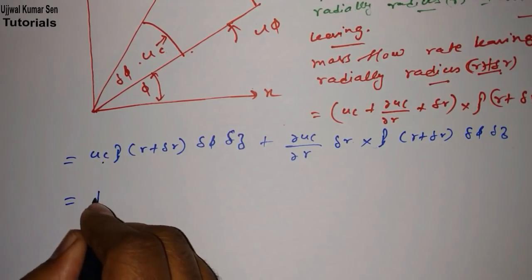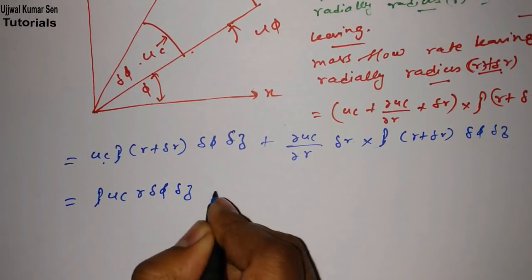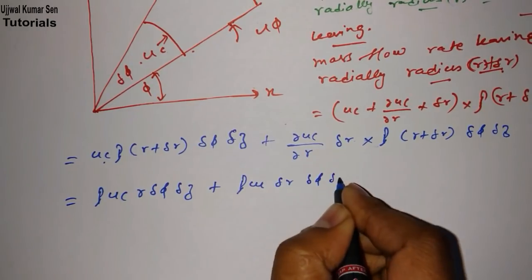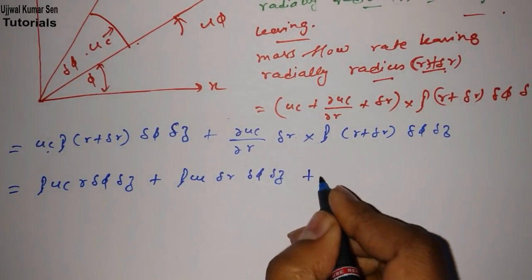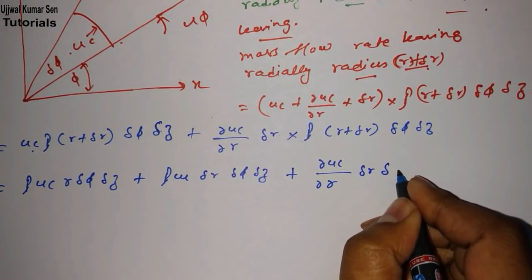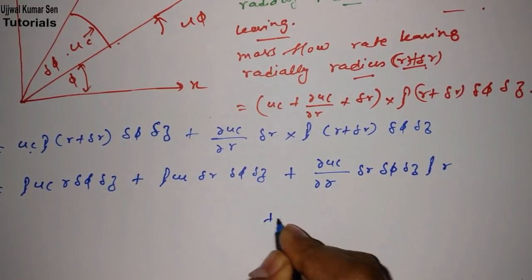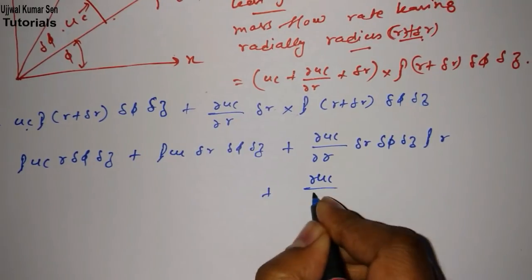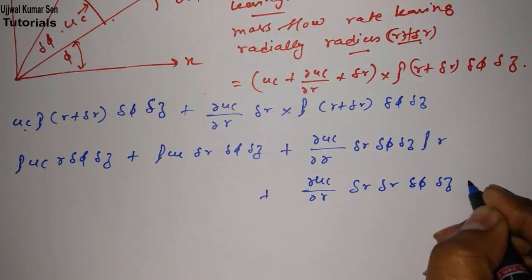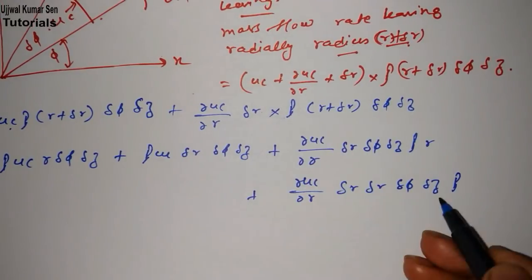So what exactly are we getting? ρ u_r r ∂φ ∂z plus ρ u_r Δr ∂φ ∂z, plus ∂u_r by ∂r Δr ∂φ ∂z ρ r, plus ∂u_r by ∂r Δr Δr ∂φ ∂z ρ, and there will not be another r because there is only one r.